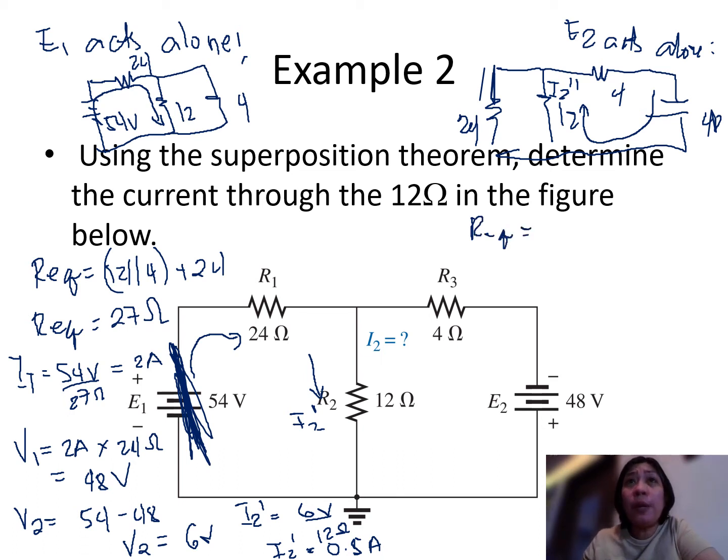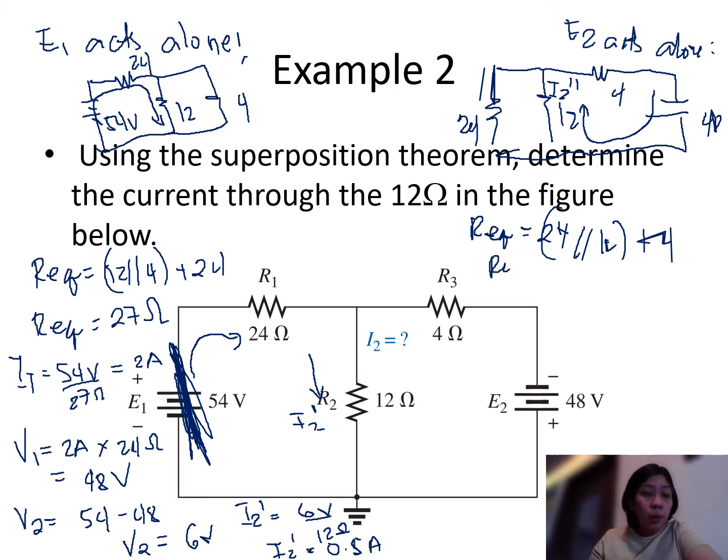This is in parallel, so we have here 24 parallel 12, and the parallel combination is in series with 4 ohms, so we have here plus 4. What is your R equivalent? The R equivalent now is equal to 12 ohms.